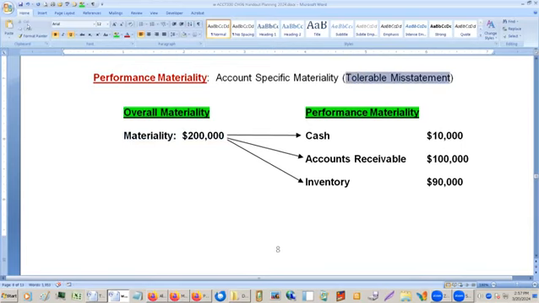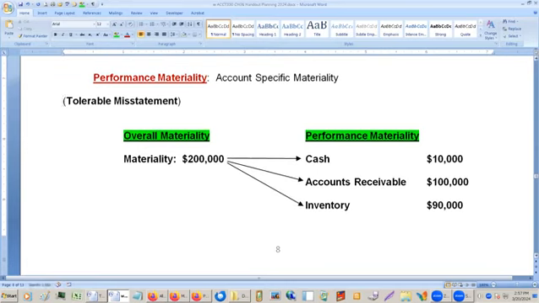In sampling terminology, we call that the tolerable misstatement. So what's the tolerable misstatement for cash? What's the tolerable misstatement for accounts receivable, and so on?